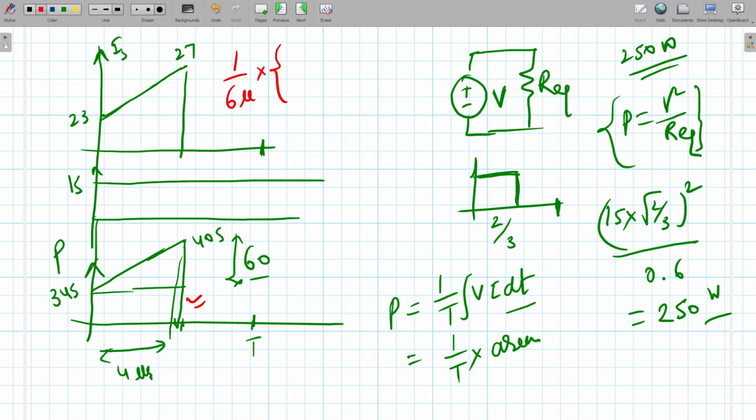Can anyone tell? 345 into 4, no? So 345 into 4 plus this triangle, 1 by 2 into 4 into 60. So finally, if we calculate, this is micro and here also it is micro, so micro will cancel. Final will be 250 watt. Can anyone calculate and verify this one?